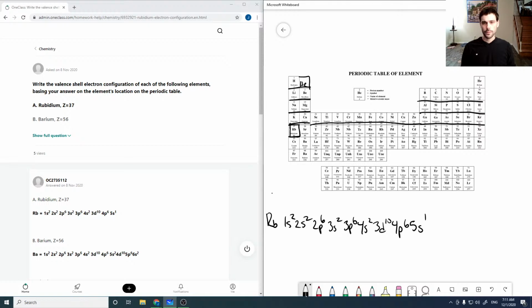Barium is down here. So our barium is going to be the same as rubidium. So 1s2, 2s2 for at least the initial bits.